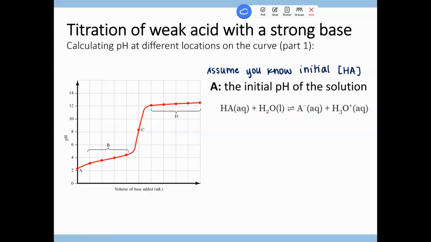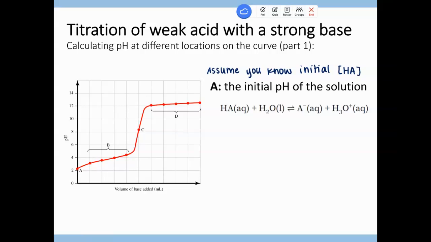For point A, this is where there's no base added to the solution yet. So we just have a solution with a weak acid and we're asked to find the pH. Remember, we did ice tables for this, but we can assume certain things to make it simpler. If you have HA only in solution, no base yet, it reacts with water and forms A- and H3O+ because it's an acid.